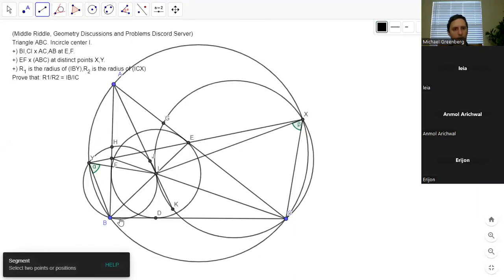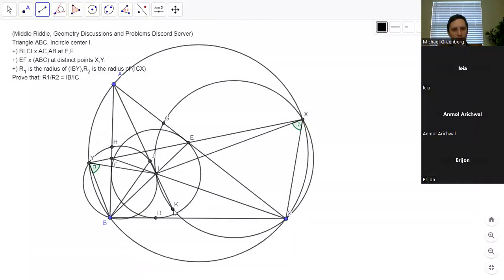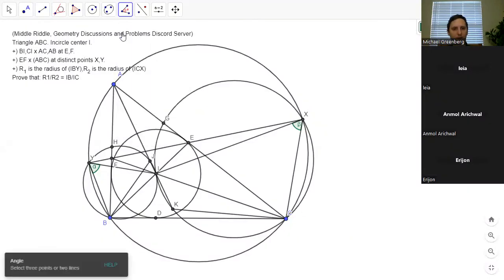Okay, so we want to show triangles ABJ and ACK are similar. It's weird. It looks like angle ACK is bigger than ABJ, doesn't it? But I thought I just measured it and showed it's not true.